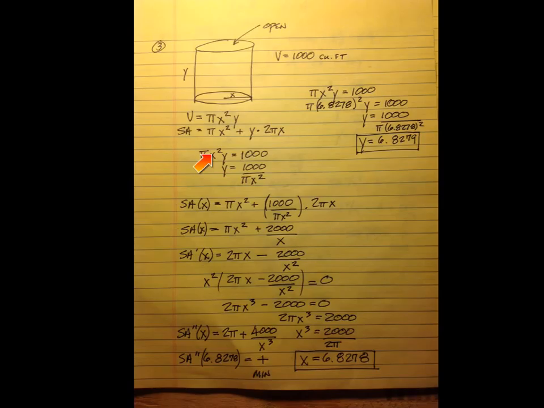And with that, you can dwindle this one down for y from here. The volume formula is what I'm using to solve for y. And that comes out to be 1,000 over pi x squared. You're going to plug that back into the surface area formula just in that one spot where the y shows up. There it is.